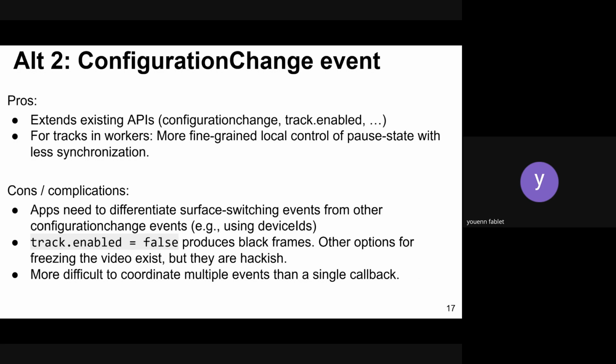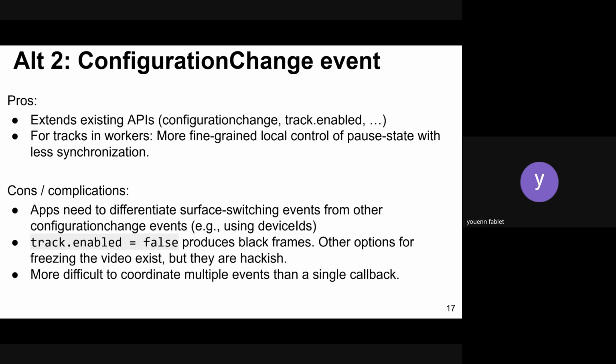But so far I would be fine with a callback that is not async, that is sync at the capture control level, and also the configuration change event exposing the device ID. It's pretty cheap, and it would be convenient. About the order, I think it would be better for the settings of the track, when you get the callback, to reflect the new surface.